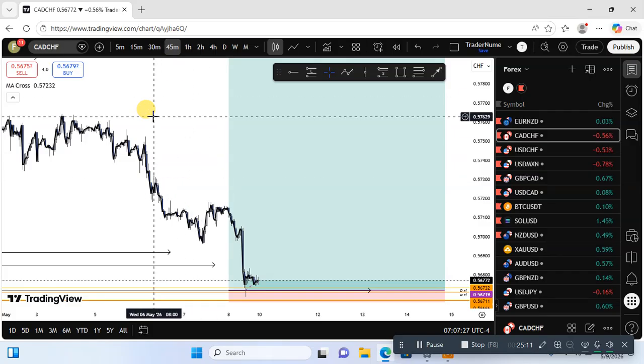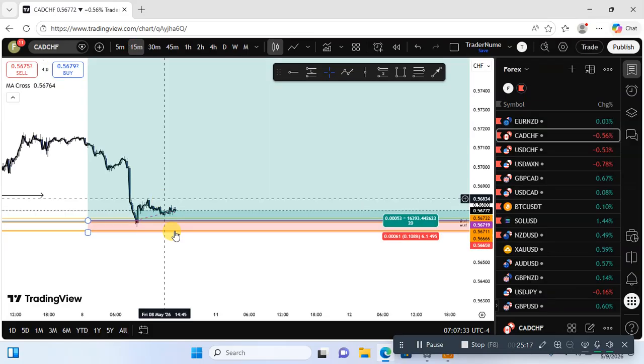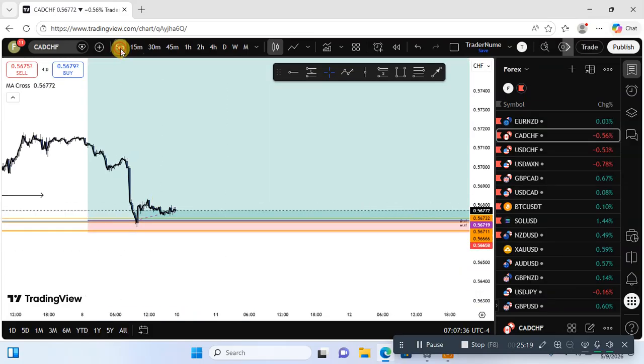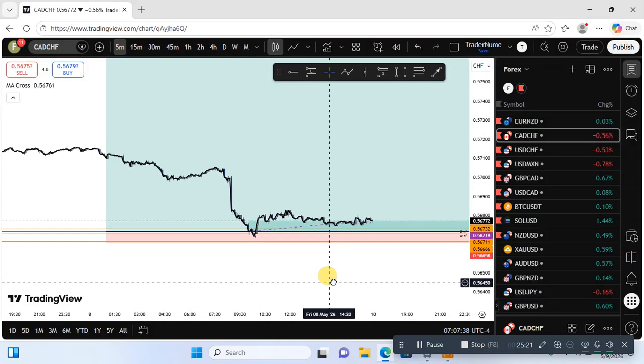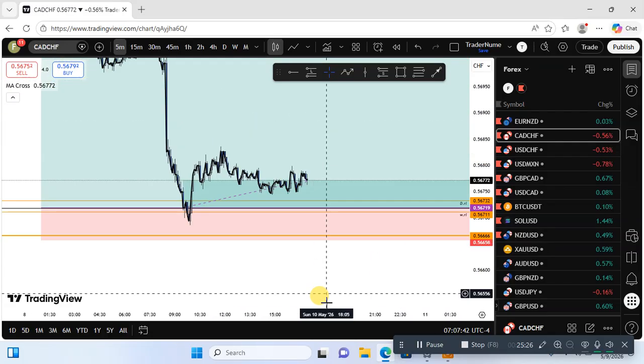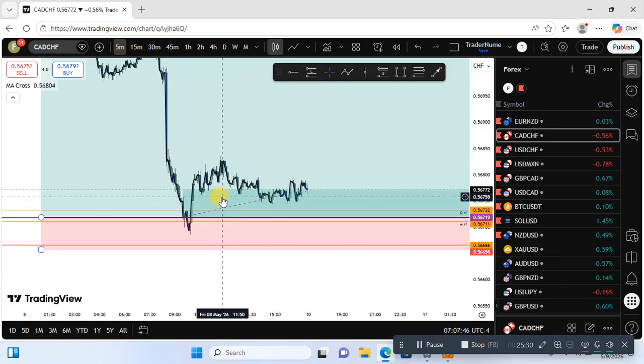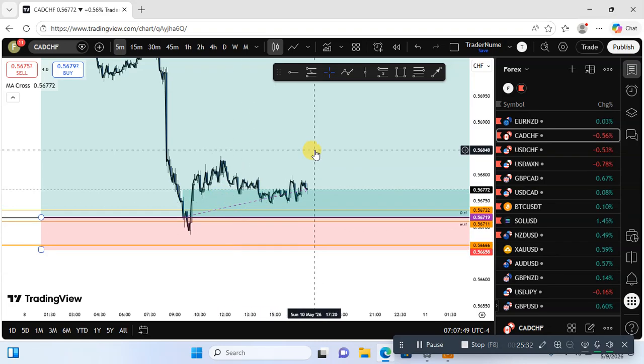So now, if you look at the 45 minutes, you can see that price swept liquidity. So when we see that happen, we have to switch down to the lower time frame just to get a good entry. So we are expecting price to take this kind of liquidity.